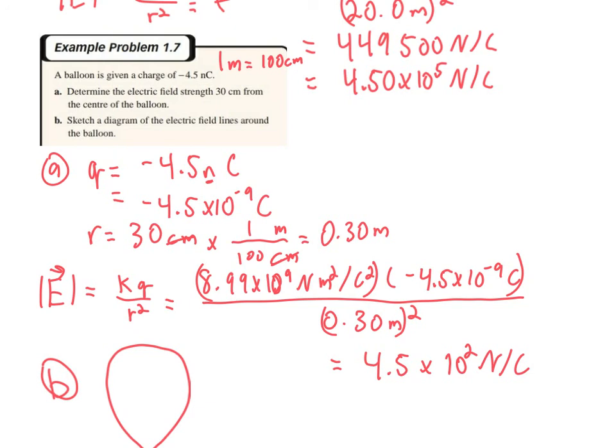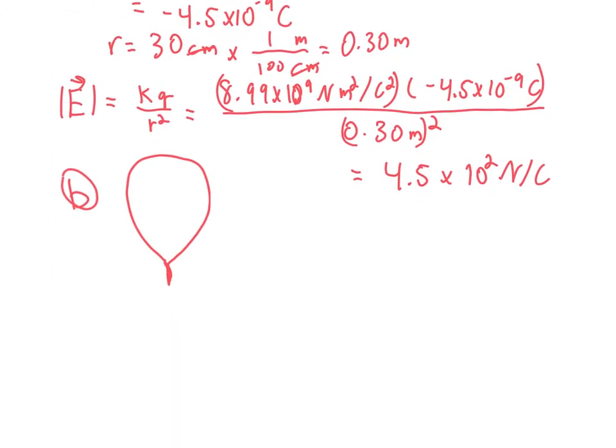And the last part of this is sketch a diagram of the electric field lines around the balloon. And so I have drawn a balloon here because I've learned never to draw things live. It never works out for me. So here's our balloon. And I guess what we have to realize here is that the balloon has a negative charge. That came right from the question.